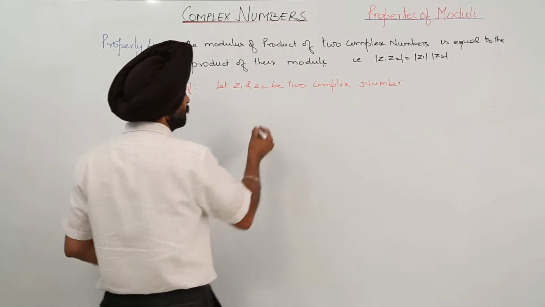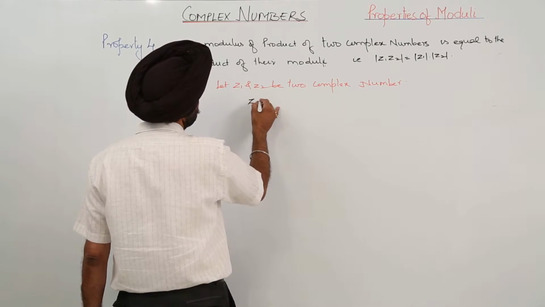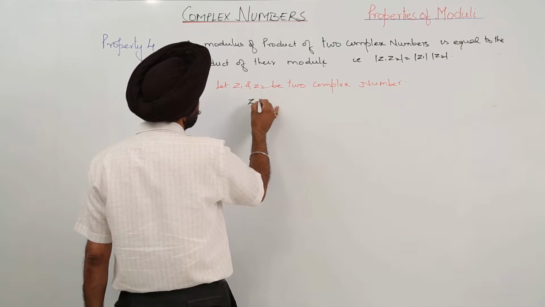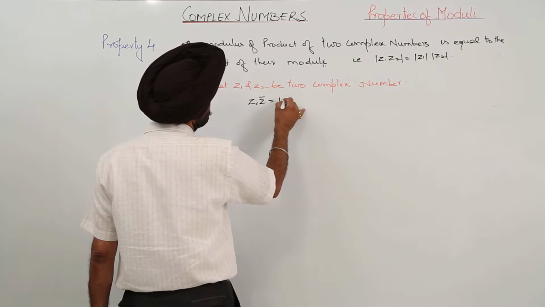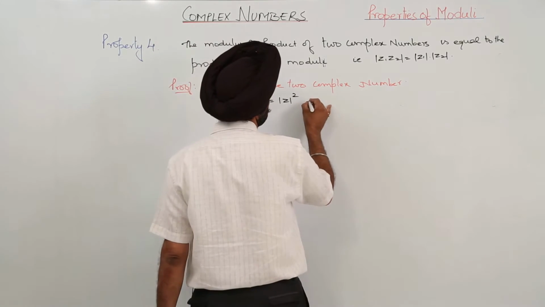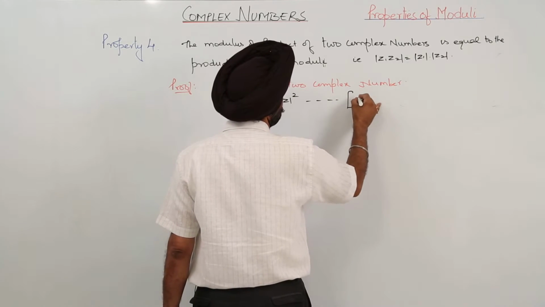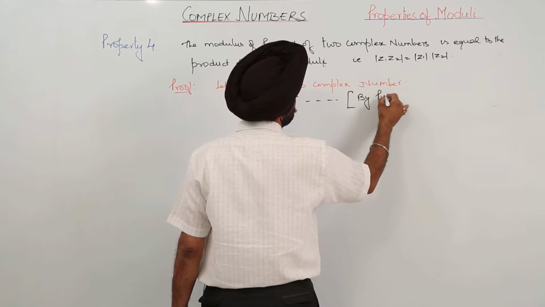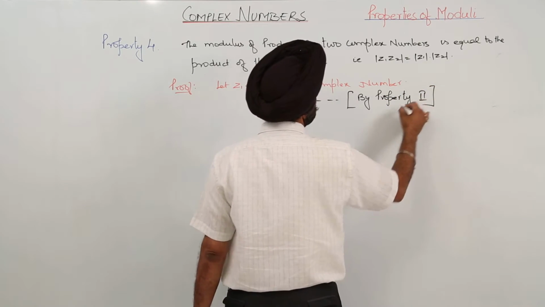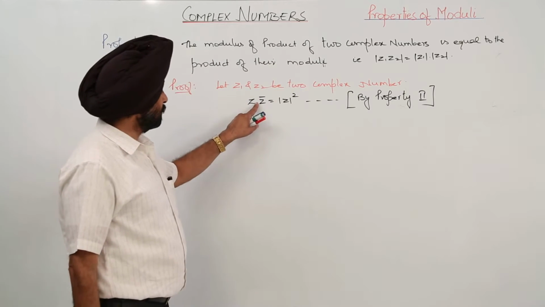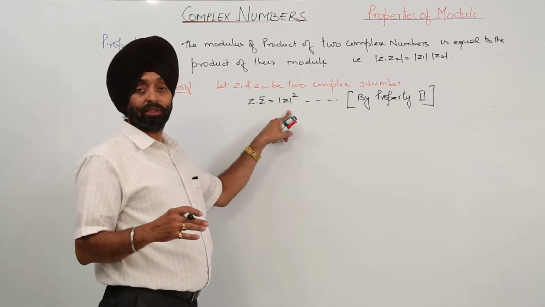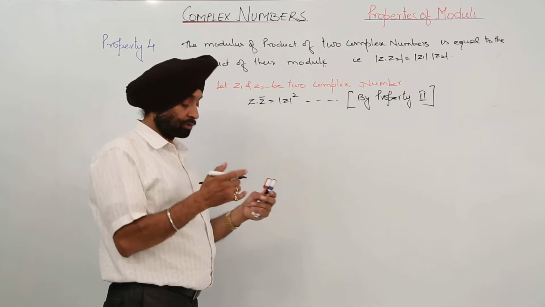Now we are already aware that Z times the conjugate of Z is the square of the modulus of Z. By property, this we have done in property number 2, that when multiplying a complex number and its conjugate, we get the square of the modulus of the complex number.